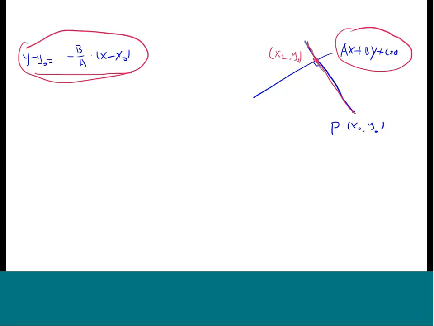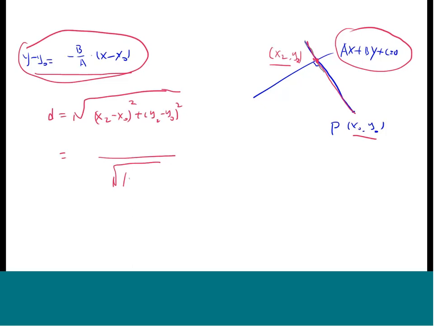That's easy to solve, right? And once you get x2, y2 and x0, y0, you can get d equals the square root of the sum of squared differences, then you can calculate. By the end, the result is pretty nice, actually.